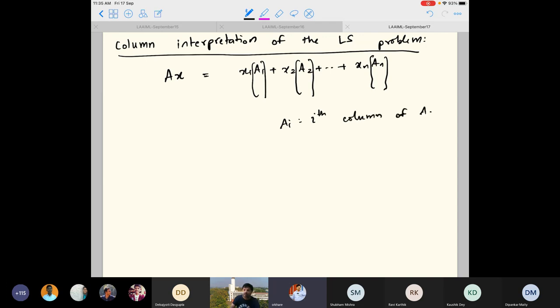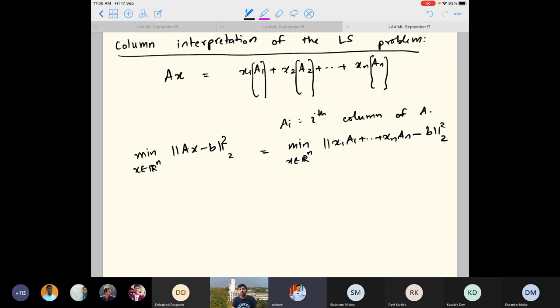So you are looking at a linear combination of the columns of A, and by minimizing over x in R^n the norm of Ax minus b whole square, what you are really saying is that you are trying to find that linear combination of the columns of A which is closest to b.